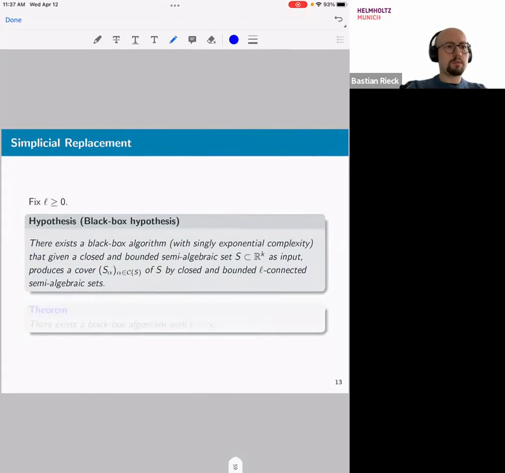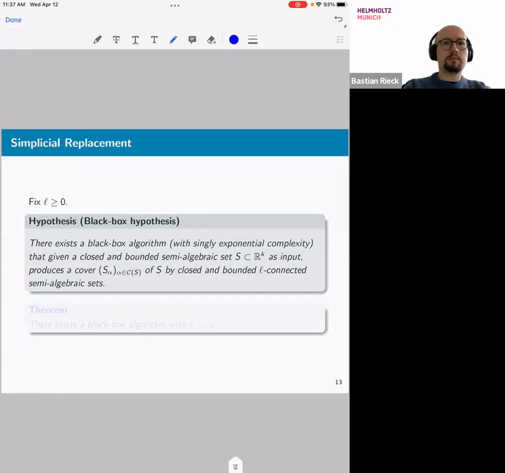There's this hypothesis, which says that suppose there exists an algorithm with singly exponential complexity that, given any closed and bounded semi-algebraic set as input, of course, when I say as input, I mean a description of it, produces a cover of S by closed and bounded L-connected semi-algebraic sets.